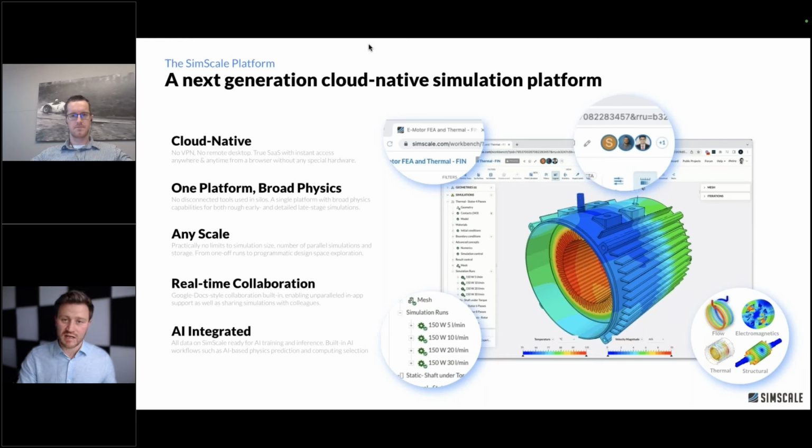So it really helps that left shift. We're seeing a lot of traction for this, specifically in the automotive industry, for short RFP response times, to be able to iterate on the design a lot earlier and essentially produce a much higher quality product in the same amount of time.